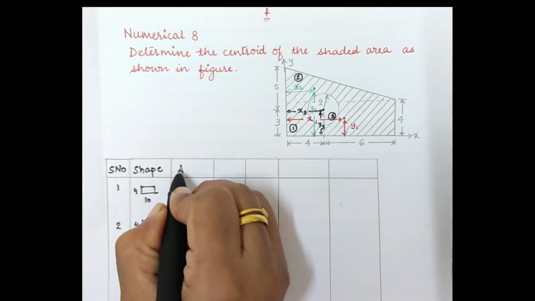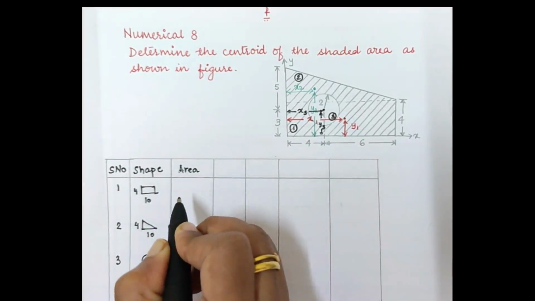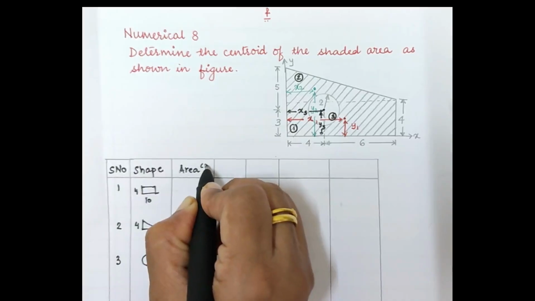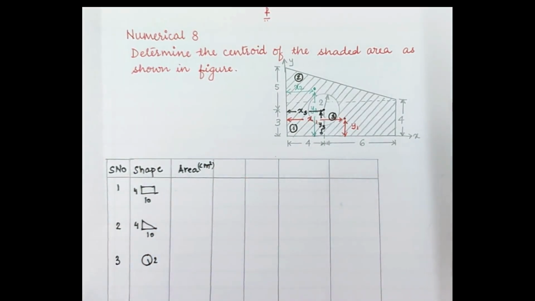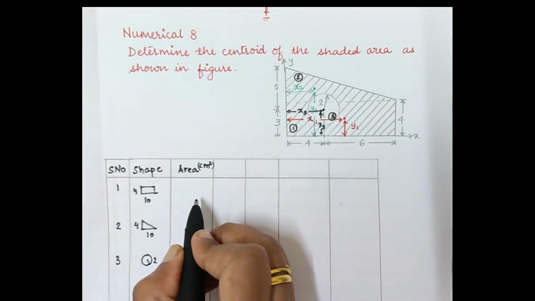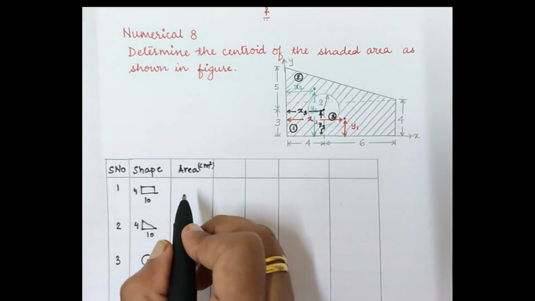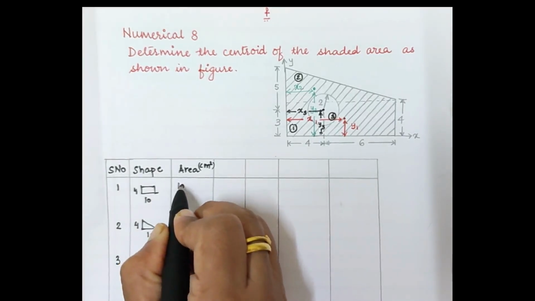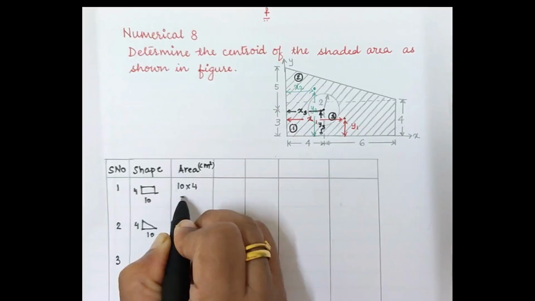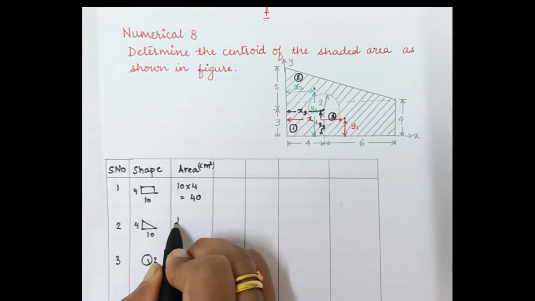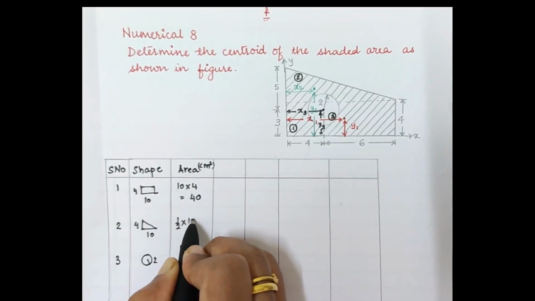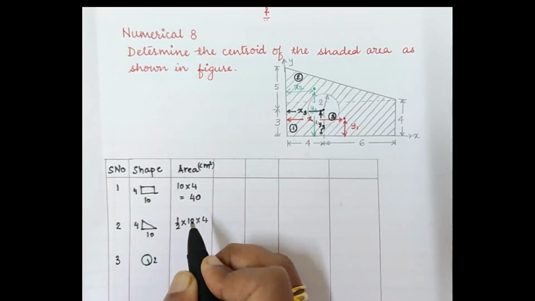Let's calculate the areas. The areas will be given in centimeter square, as each dimension given over here is in centimeters. Let's always write the x part first and then the y. For the rectangle, that will be 10 into 4, which comes out to be 40. The second is half into base, that is 10, into height, that is 4.